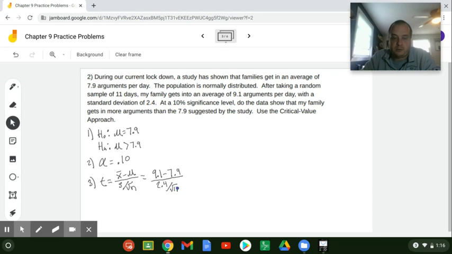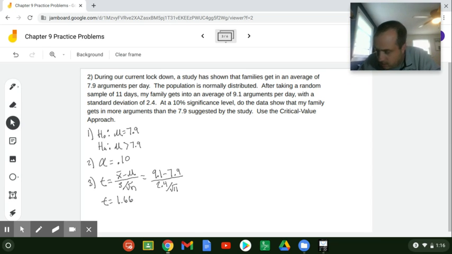If I go ahead and do that on the calculator, I get a t statistic of about 1.658, 1.66, somewhere right about there.